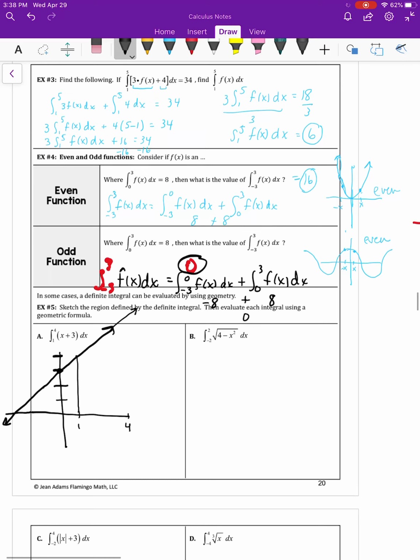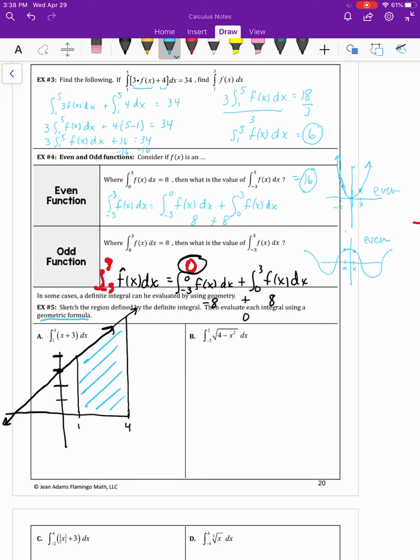And you want to calculate it from 1 to 4. So you would be talking about this area right here. Okay, this is a trapezoid.